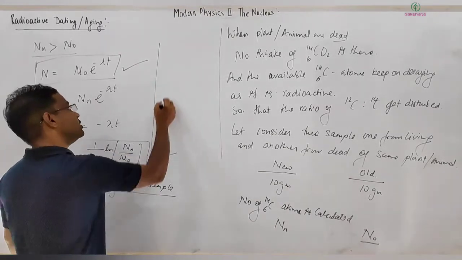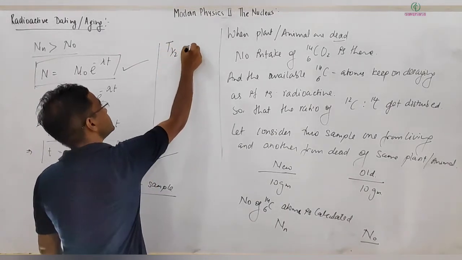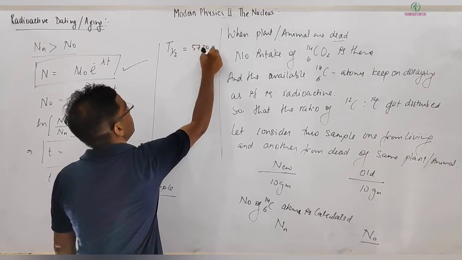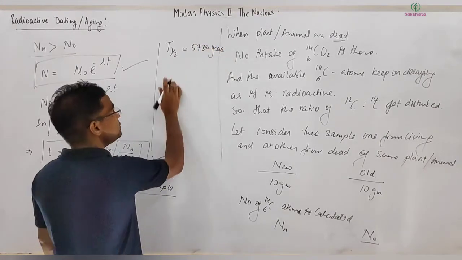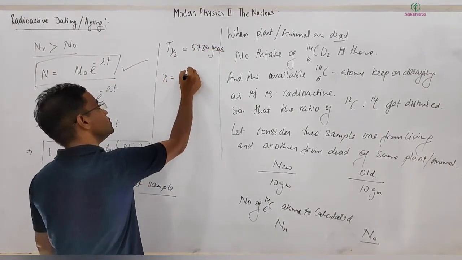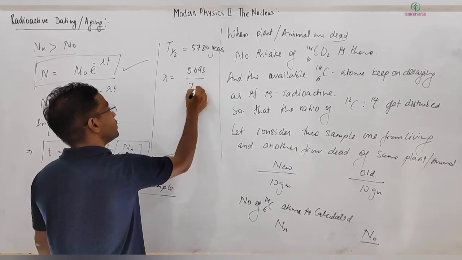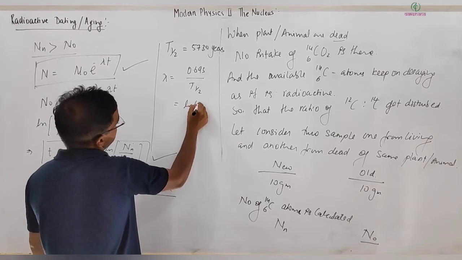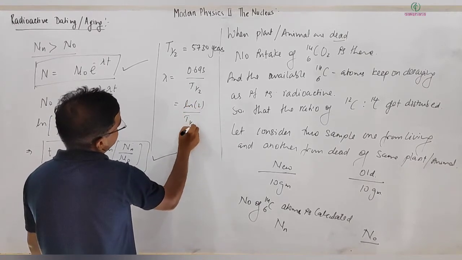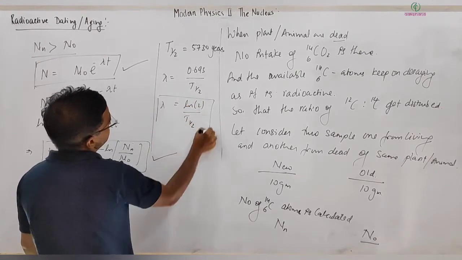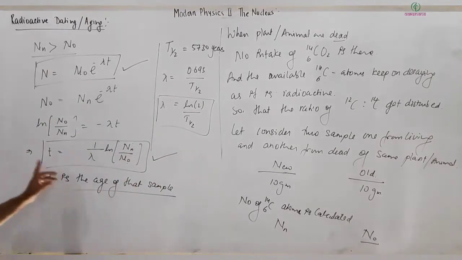Lambda we can calculate because we already have t half, which comes out to be 5730 years. Once we have t half, lambda is equal to 0.693 divided by t half, or you can write it as ln 2 divided by t half. So this is your lambda, you can use it here.